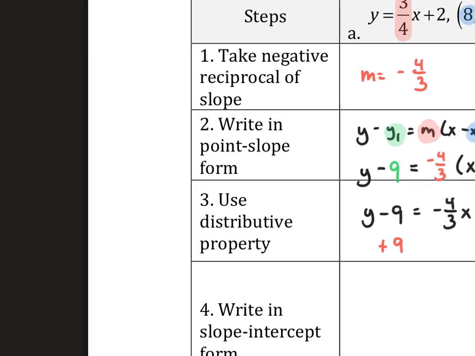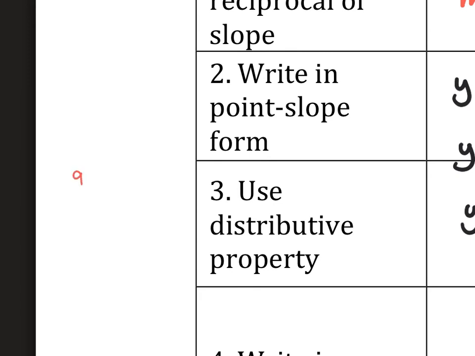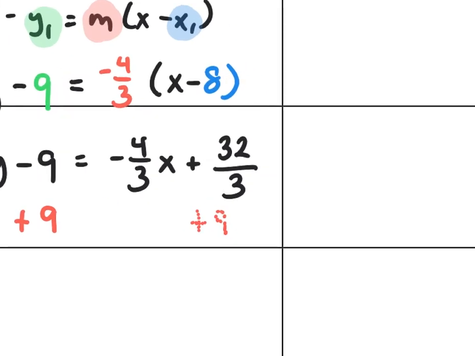Because 9 is the same as 9 over 1, which is the same as 27 over 3. What did I do? Multiply that by 3 and that by 3. Why? Because of this 3 right there, we need to have a common denominator. So what I'm going to write here is plus 27 over 3.